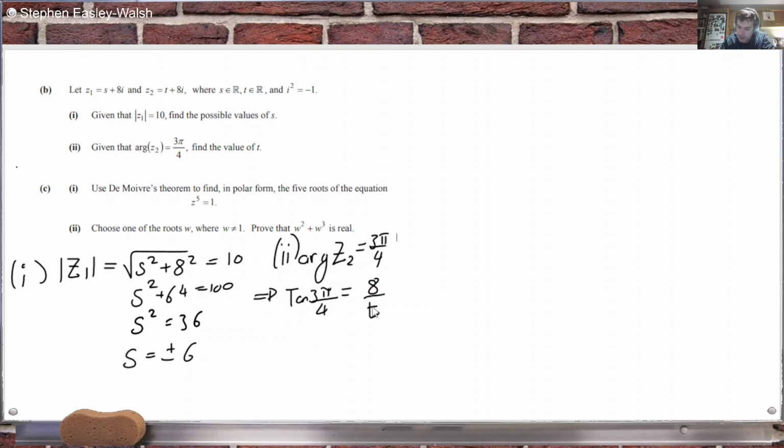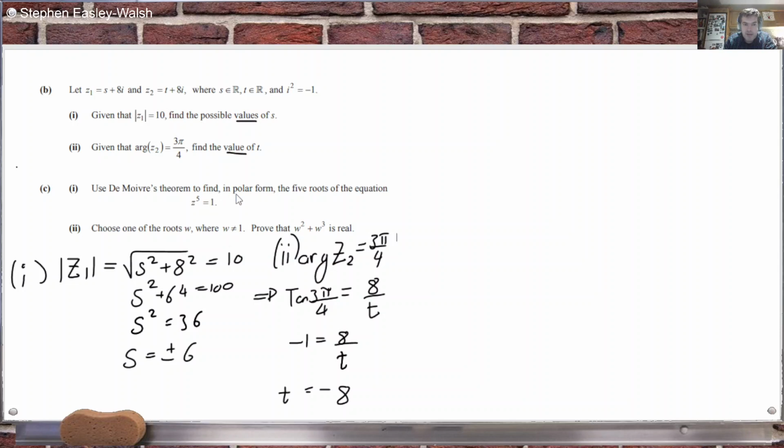So I'll be a bit lazy and just use my calculator. Tan 3 pi over 4 is minus 1. So minus 1 equals 8 over t, which means that t is equal to minus 8. Find the values of S, find the value of t.